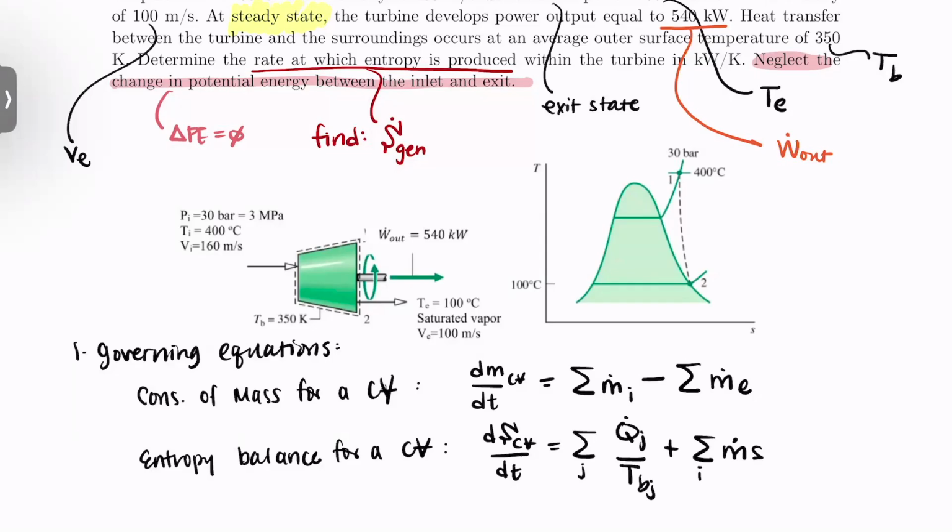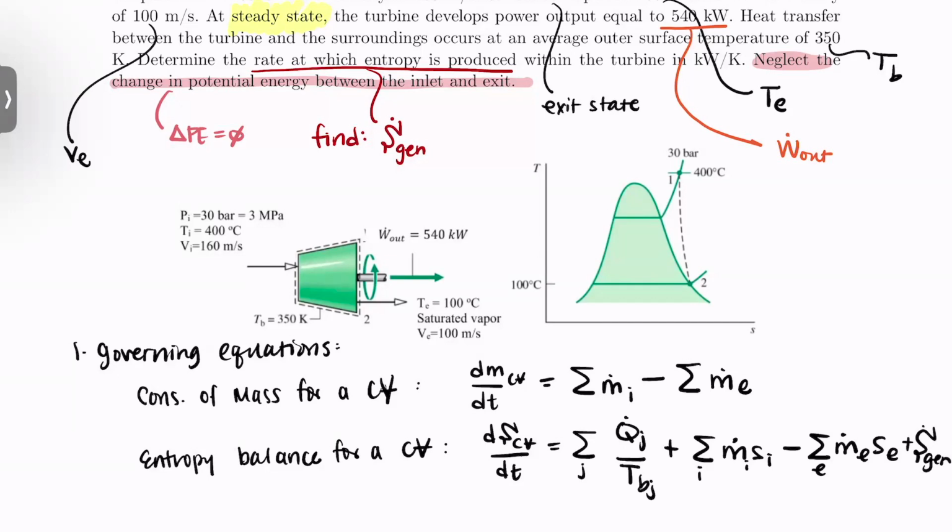So we have m dot in times s minus that same entropy flux out. So we have that same kind of a term for the exit, m dot e s e. And then of course we have plus S dot gen. So that's what we're looking for.